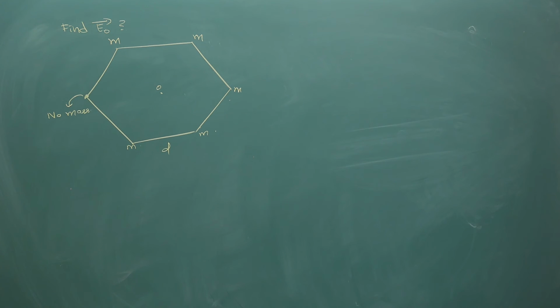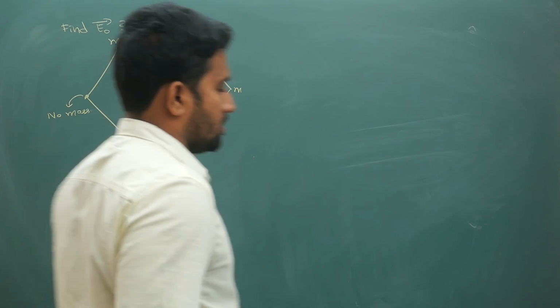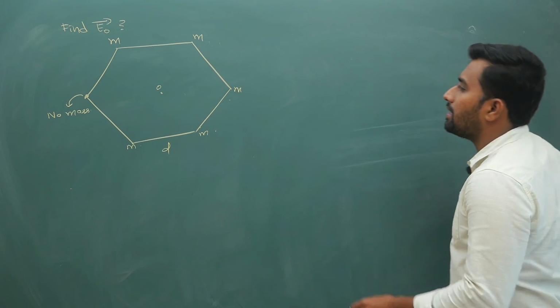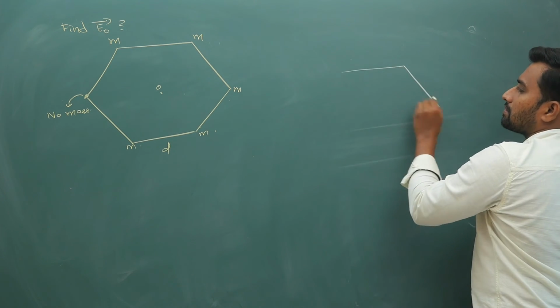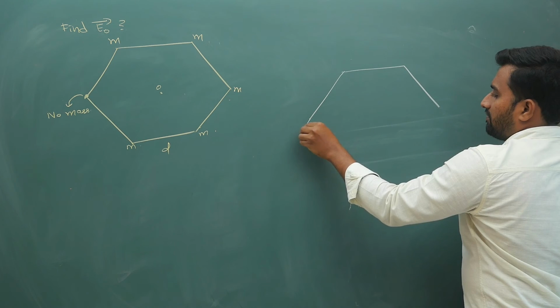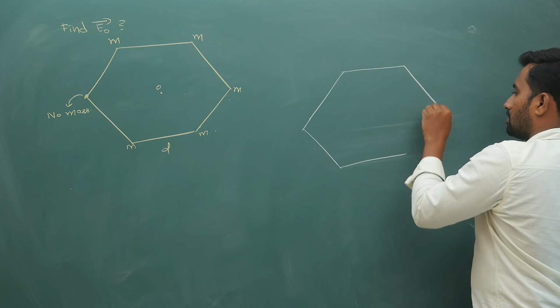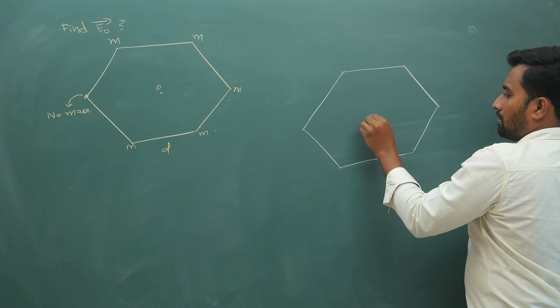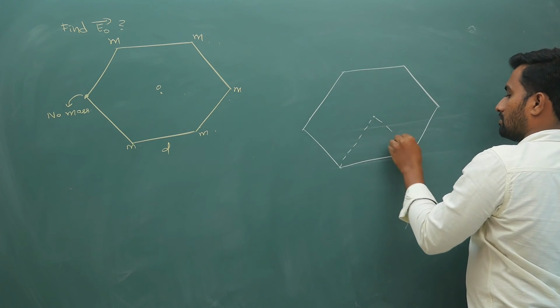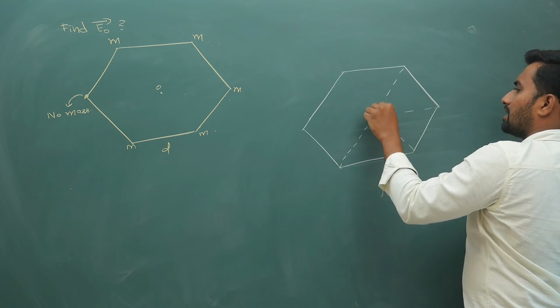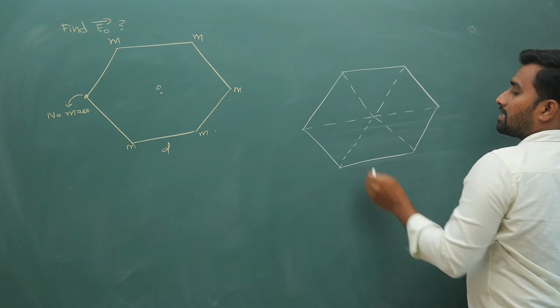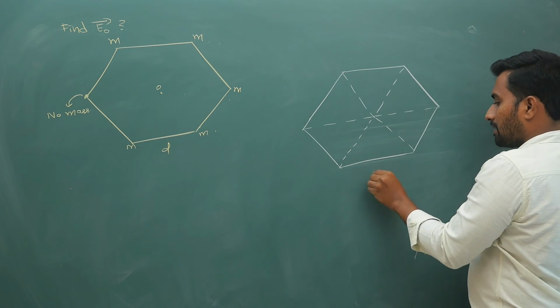Now in this question, how will you actually calculate the answer? I will tell you. If you take a regular hexagon like this, for a regular hexagon, all sides are equal. Okay, right?